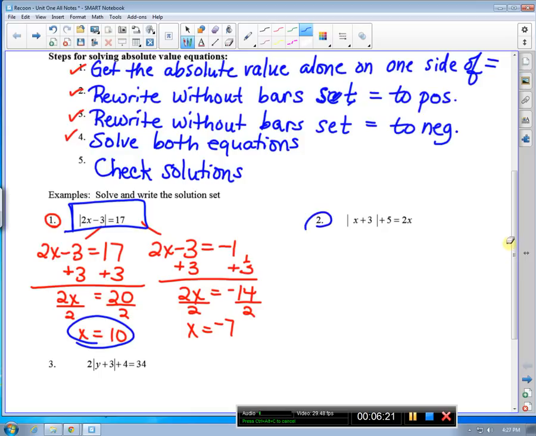New problem, number 2. Get the absolute value bars alone on one side. So I want this to be alone. I need to subtract 5. Okay, now we're going to split and rewrite without bars set equal to what we have.